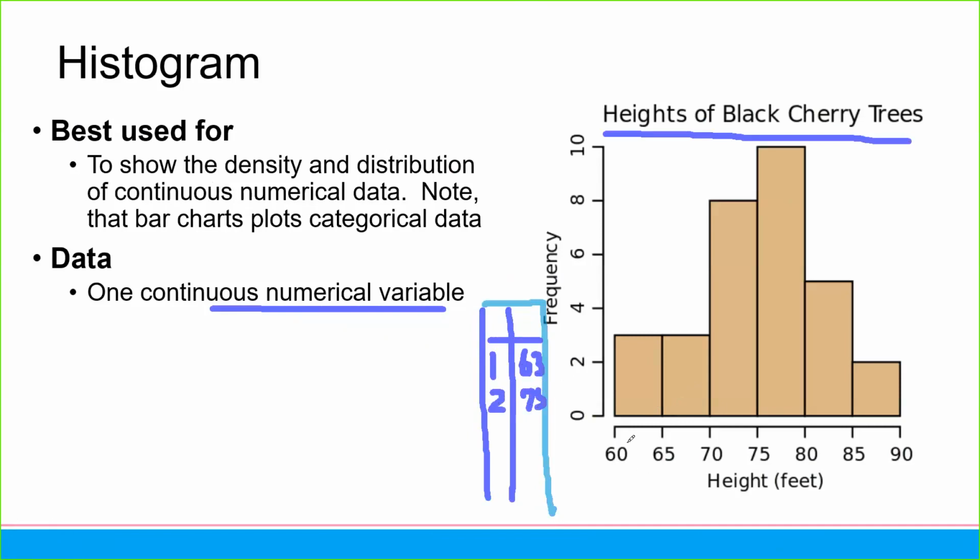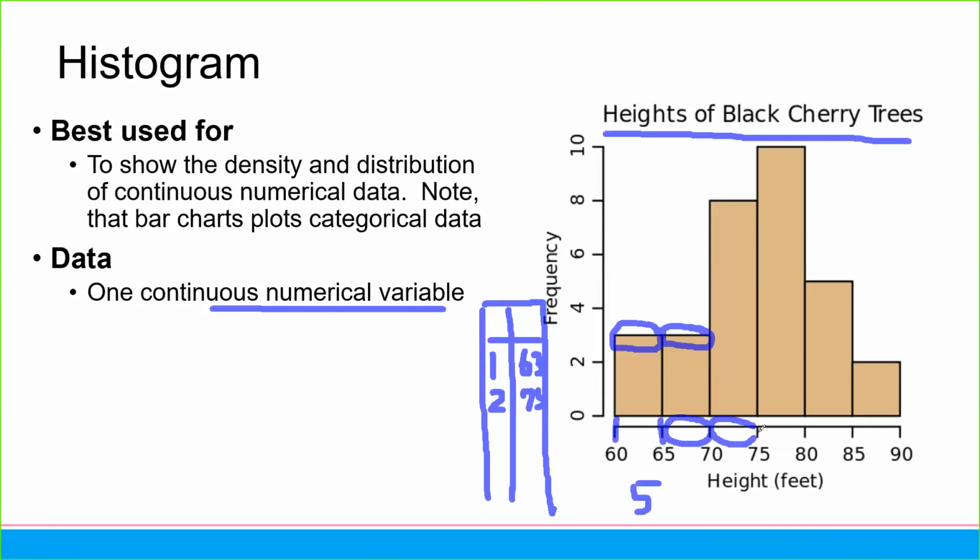So here we will make the bin equal to 5. So every 5, we want to check how many of them. It means now the height of the tree between 60 under 65, we have 3. Between 65 under 70, we also have 3.